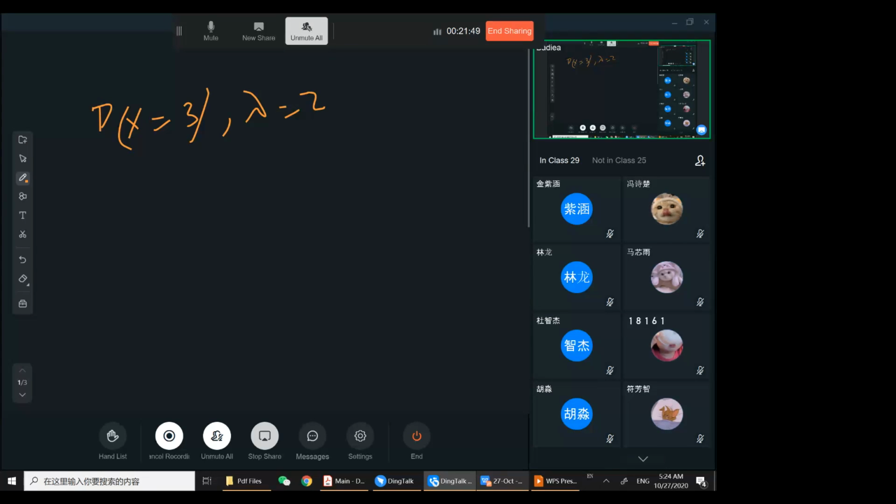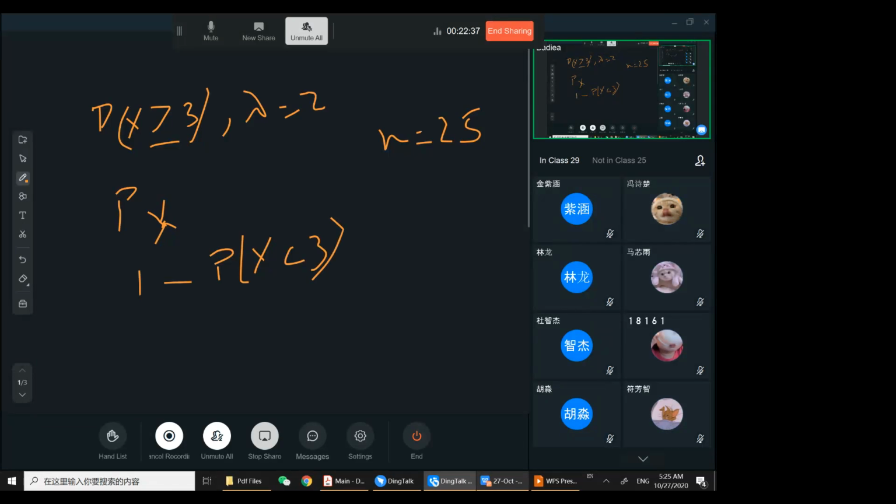So in this case, what is the probability of x less than 3? Greater than or equal to 3, and n is let's say 25. So in this case, it will be hard to get probability of x greater than 3. So what we have to do, we have to use the complementary law, that is 1 minus probability of x less than 3. Right, so it will also give me the same answer.